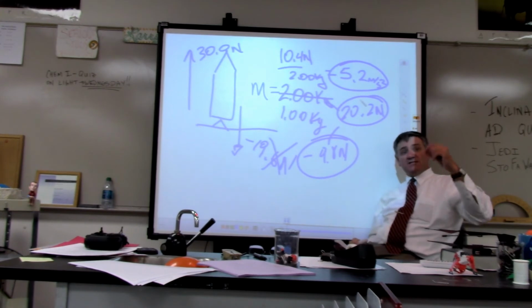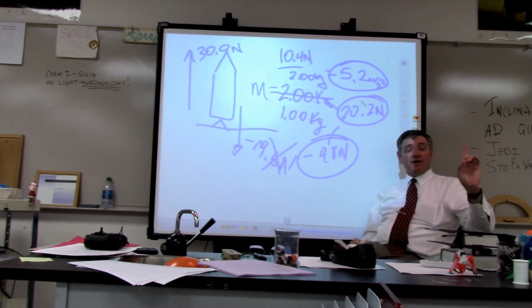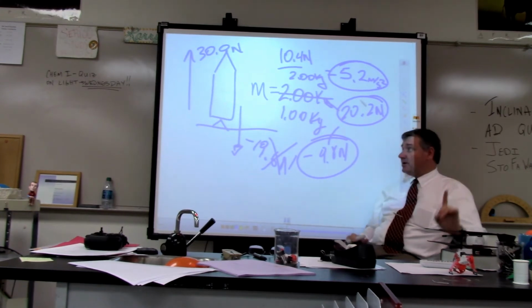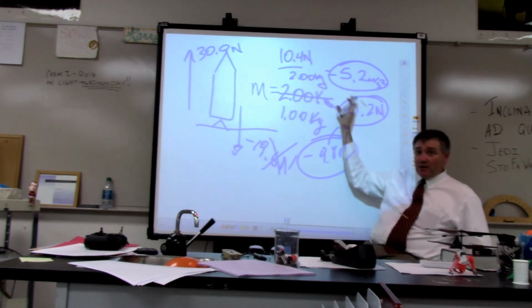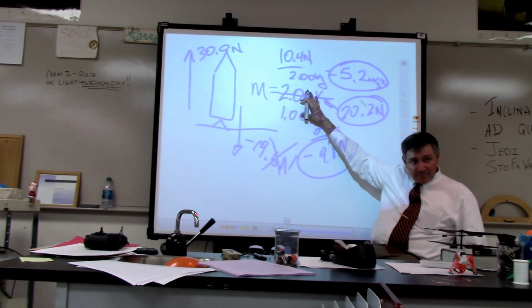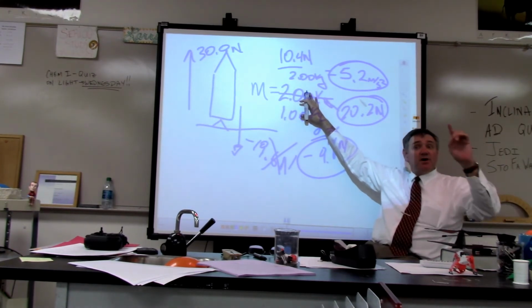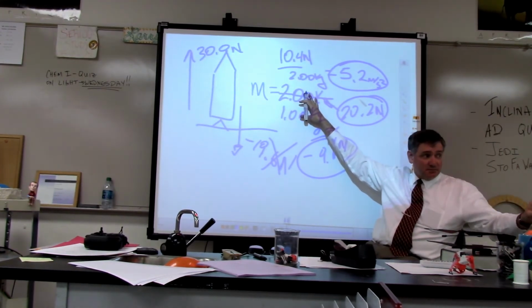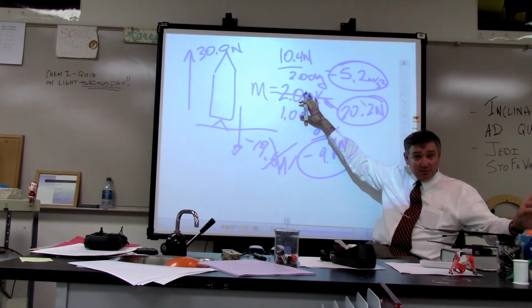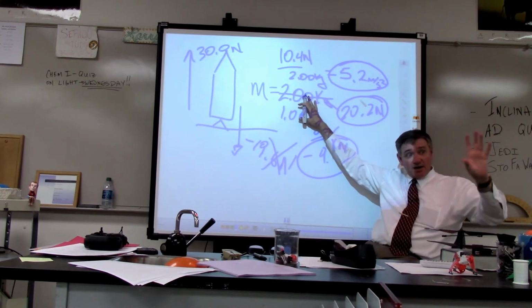My net force has become larger. Twice as much almost. But here's what's also important. Not only do I have a larger net force, but what about the mass that I have to accelerate? I have less mass to accelerate. Therefore, I have less inertia. Therefore, it's easier to get this rocket to move.